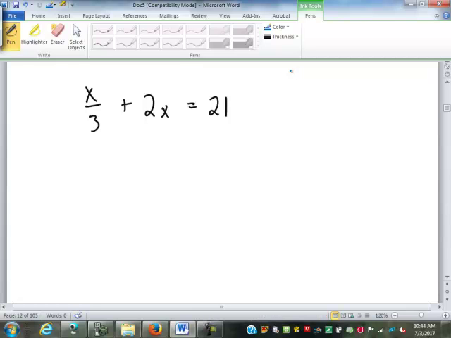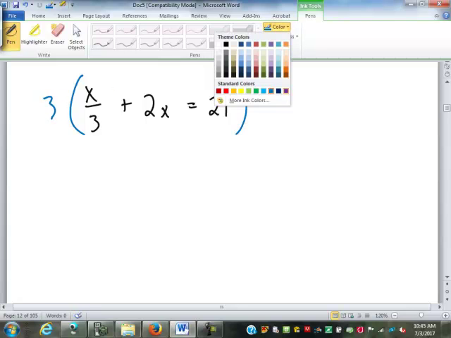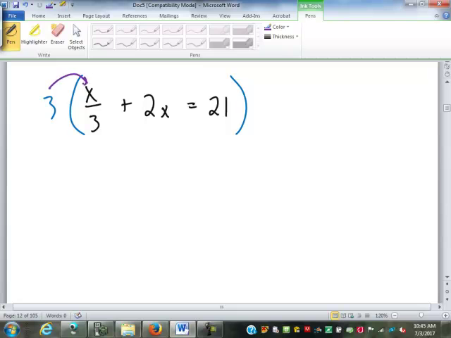Well, the least common denominator here, there's only one denominator, which is 3. So I'm going to multiply out by the 3. Well, 3 times x over 3, the 3's will just cancel to make x.